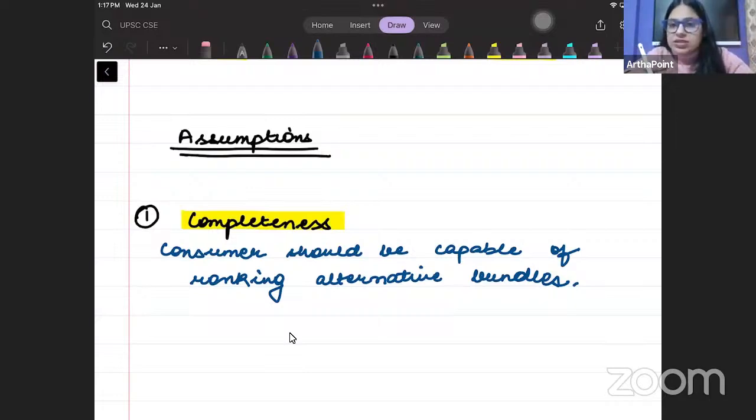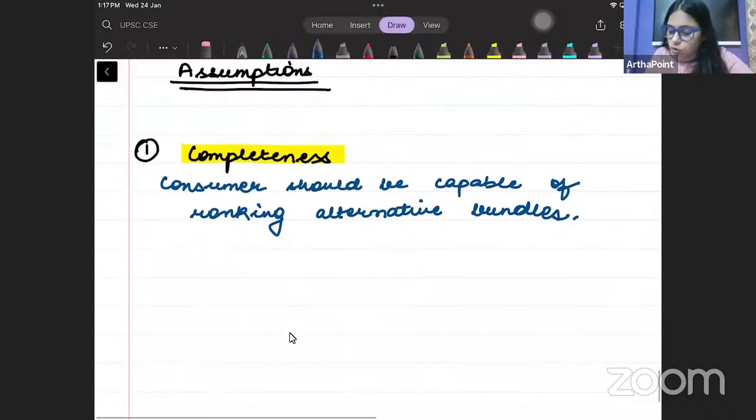It should not be the case that you are not able to tell your preference. You should not be like this, ma'am, I am confused. I don't know whether it is economics or maths. Are you getting? So a consumer should not be confused. He should be able to tell whether he prefers economics over maths, maths over economics, or indifferent.